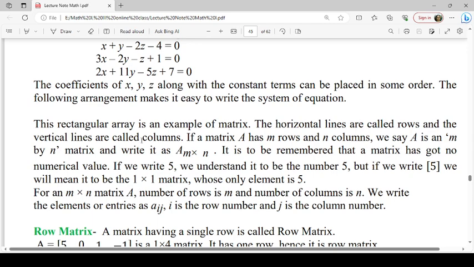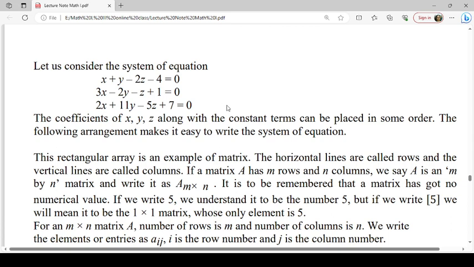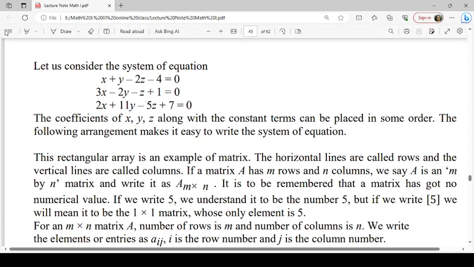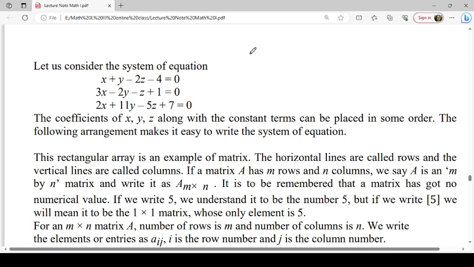So we arrange this, and for this we use a bracket, round bracket or square bracket.